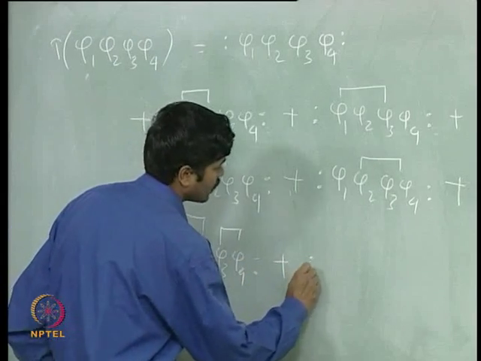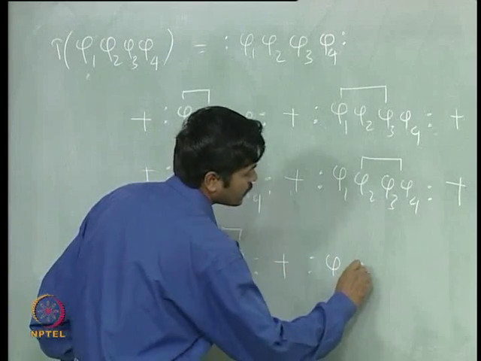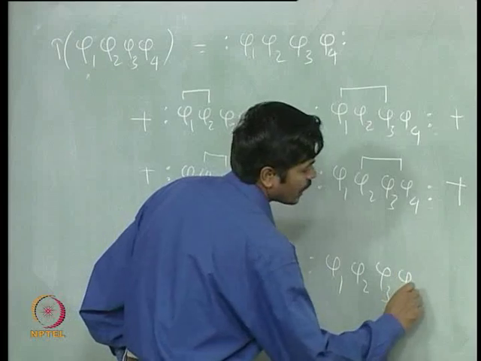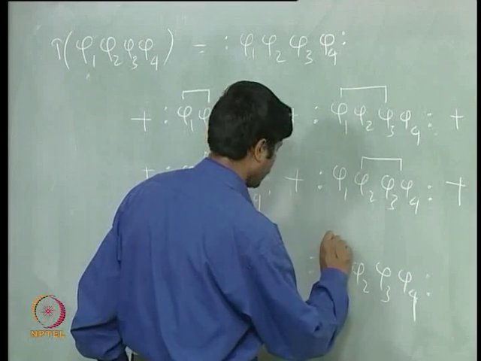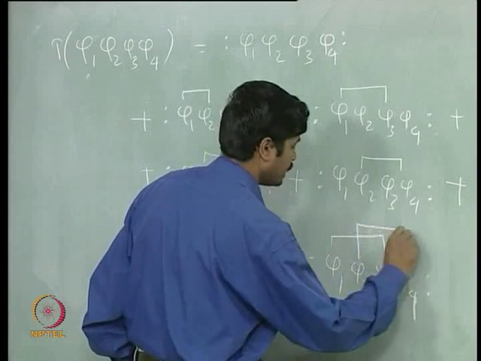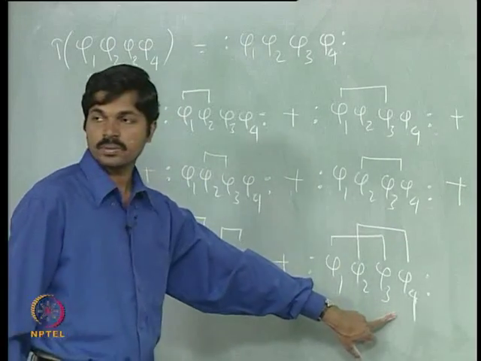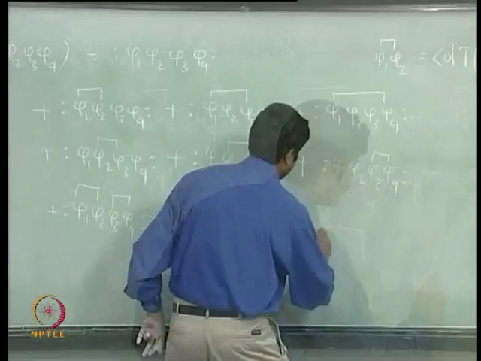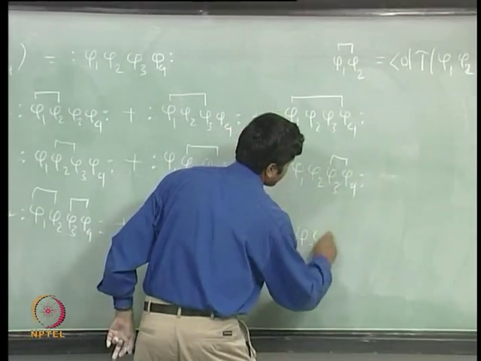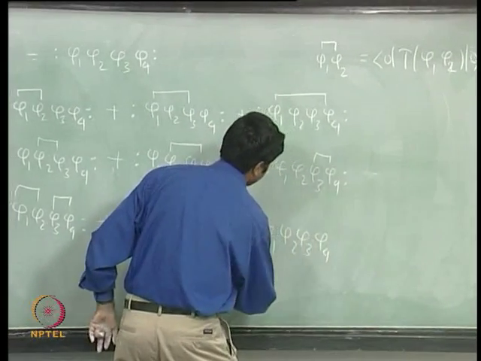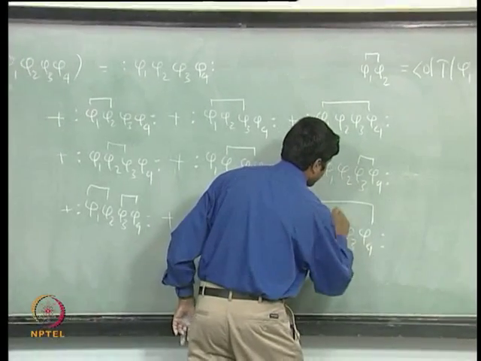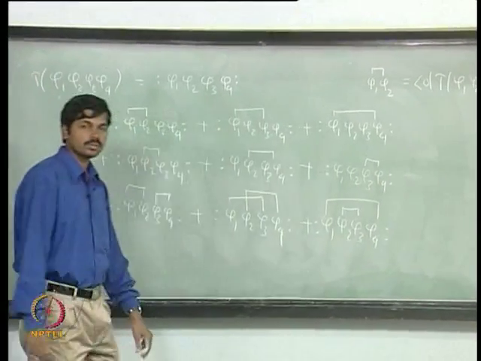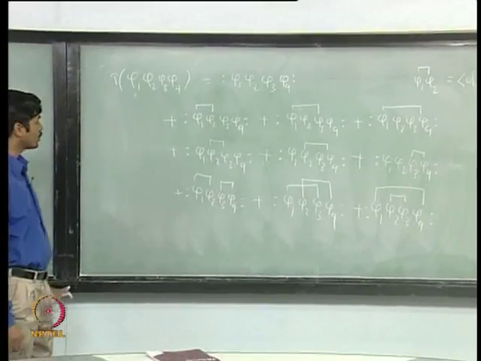Then phi 1 can contract with phi 3, phi 2 can contract with phi 4, and finally phi 1 can contract with phi 4, phi 2 can contract with phi 3. So, these are all two contraction terms.